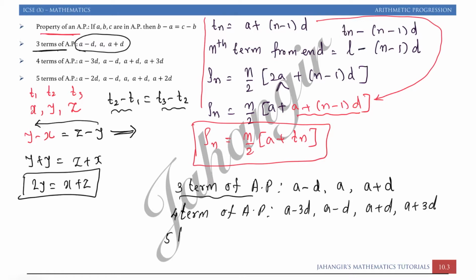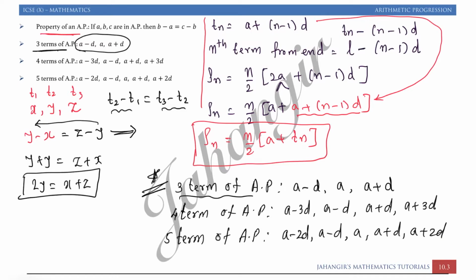And if we have five terms of an AP, we can use a minus 2d, a minus d, a, a plus d, a plus 2d. Just memorize all these patterns. If in place of a minus d, a plus d, you use a plus d, a plus 2d, a plus 3d, and so on, with this the calculation will be too tough, and you will get some complicated terms.